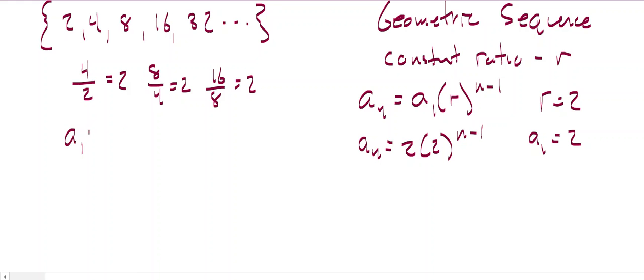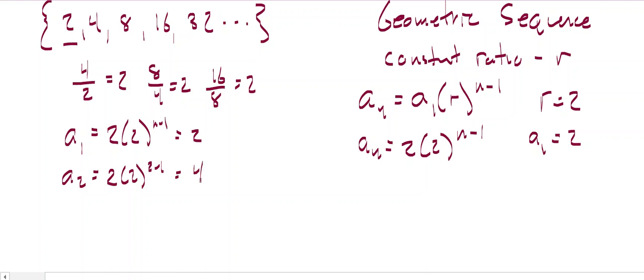So a sub 1 should be 2. Let's see if this works. We have 2 times 2 to the n minus 1 power, and when n is 1, we get 1 minus 1 is 0. 2 to the 0 is 1 times 2 is 2. A sub 2 is 2 times 2 to the 2 minus 1, which is going to be 4.